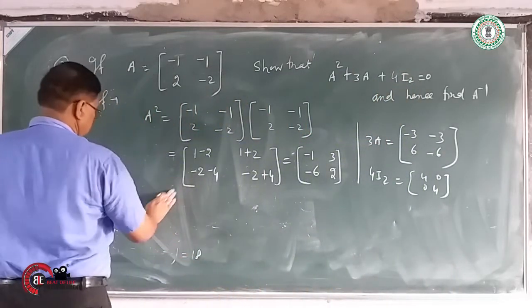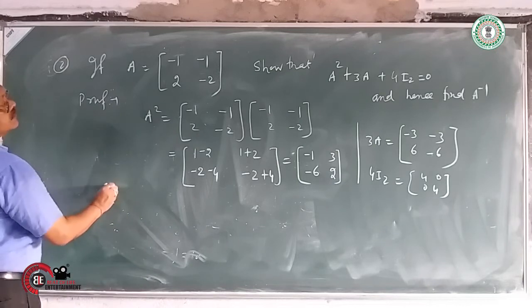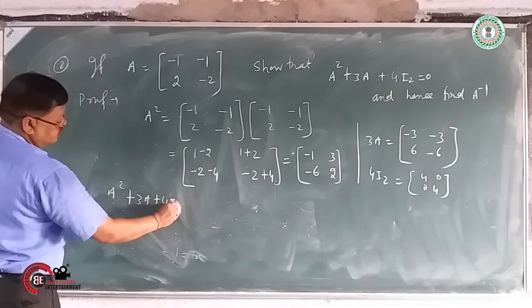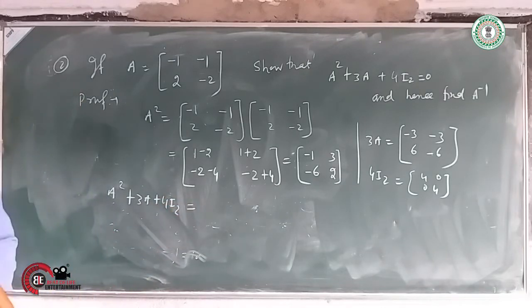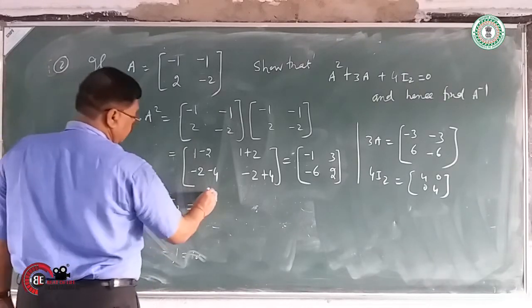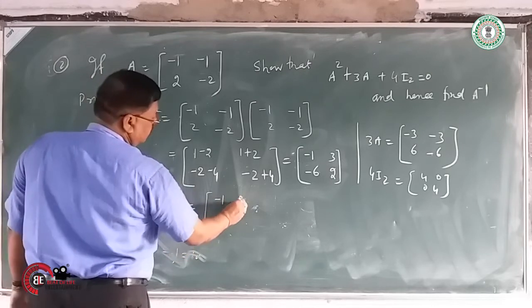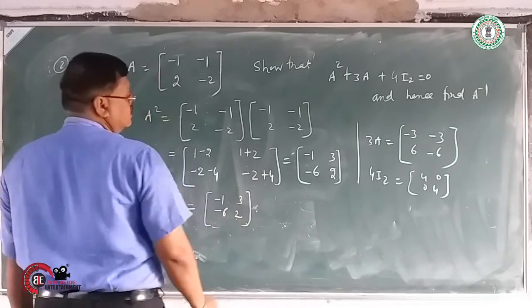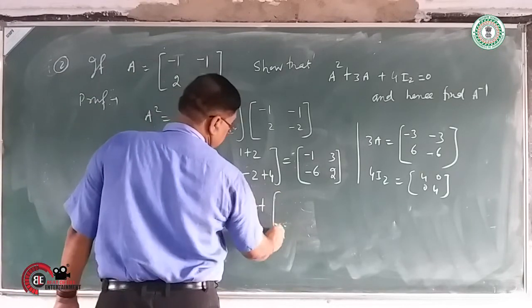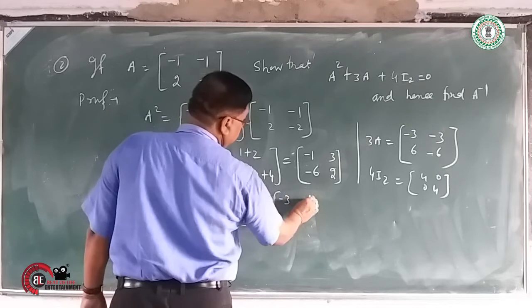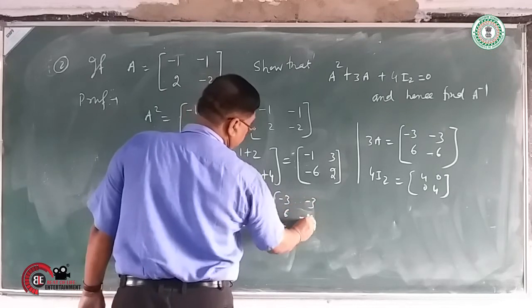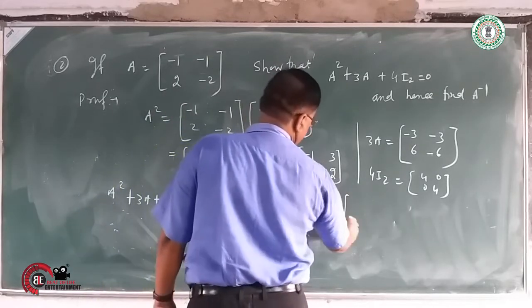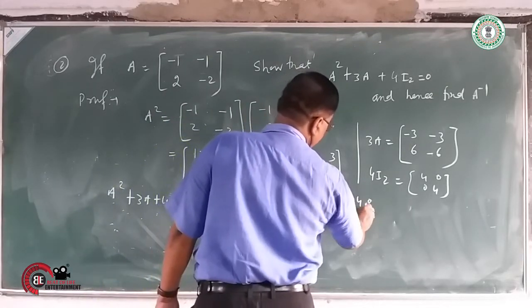So LHS is A square plus 3A plus 4I2, which is [-1 3; -6 2] plus [-3 3; 6 -6] plus [4 0; 0 4].